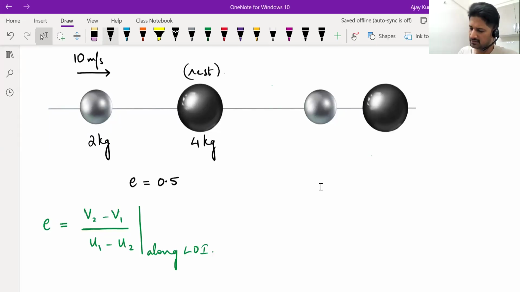So linear momentum conservation is applicable here. We'll assume both final velocities are to the right. If you assume that way, writing equations will be easy. Do it quickly. Write the linear momentum conservation equation and the equation for coefficient of restitution.